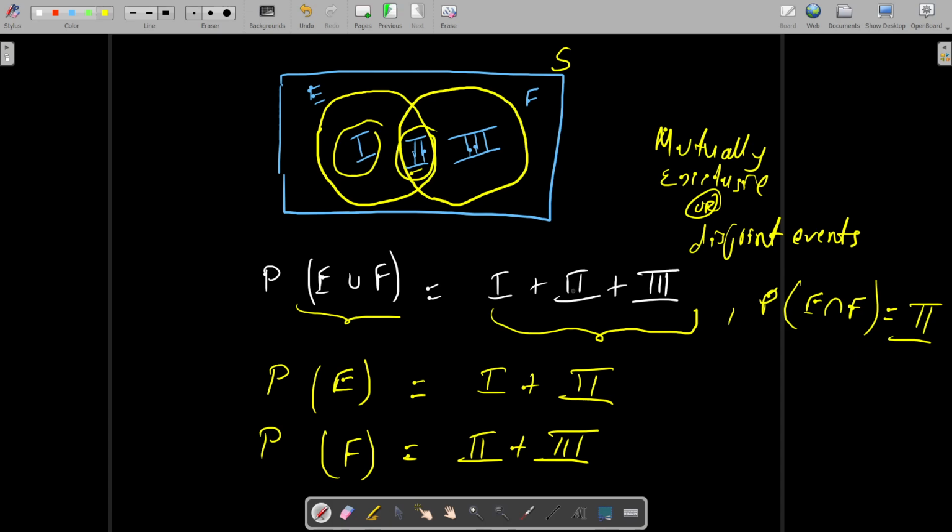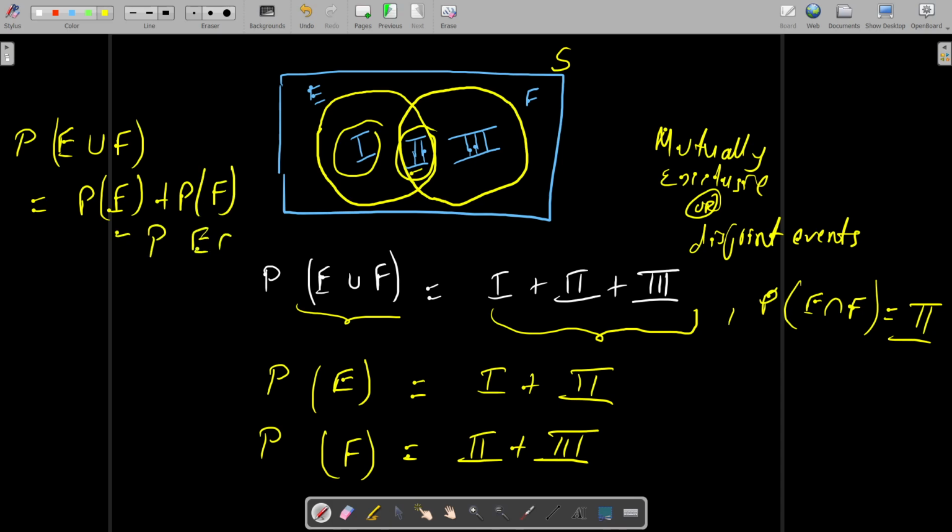This is what we wrote. But now let us prove that, which you might know from your school studies, probability of E union F is nothing but probability of E plus probability of F minus probability of E intersection F.